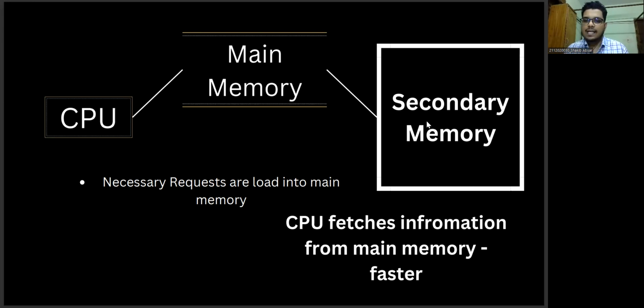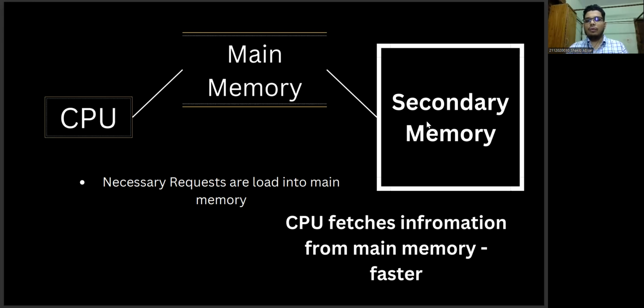We can utilize the secondary memory's advantage, that is larger size, and utilize the main memory's faster access time. Now, the three criteria also get fulfilled and the overall system performance improves. Along with utilizing these two, we can also reduce the cost of the memory.